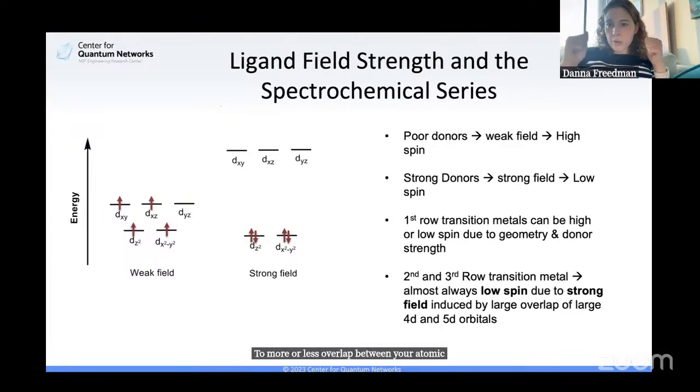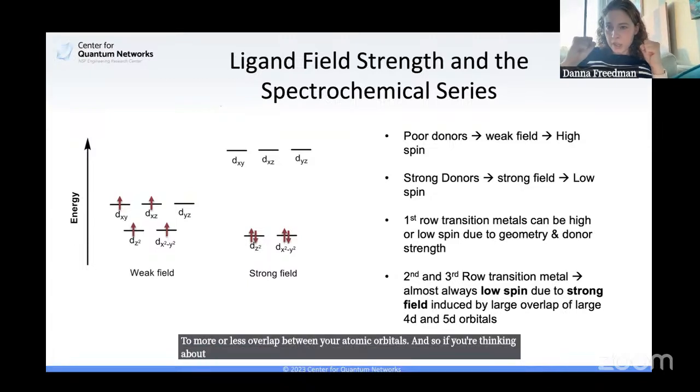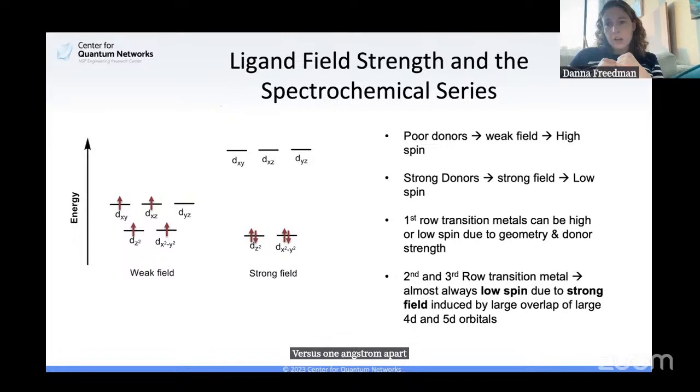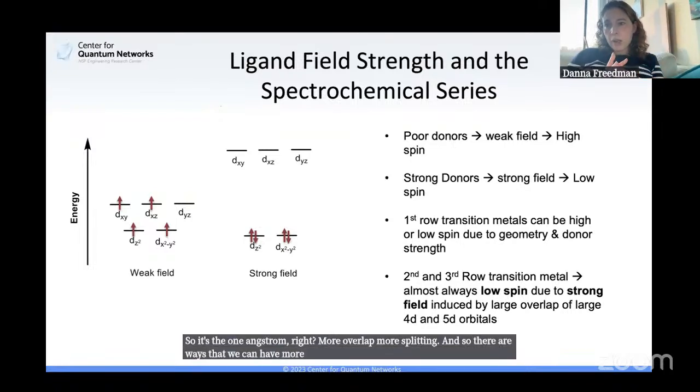So if you're thinking about dihydrogen, if you were trying to make a dihydrogen molecule where your hydrogens were 3 angstroms apart versus 1 angstrom apart, which one would have the greater splitting? So it's the 1 angstrom, right? More overlap, more splitting.